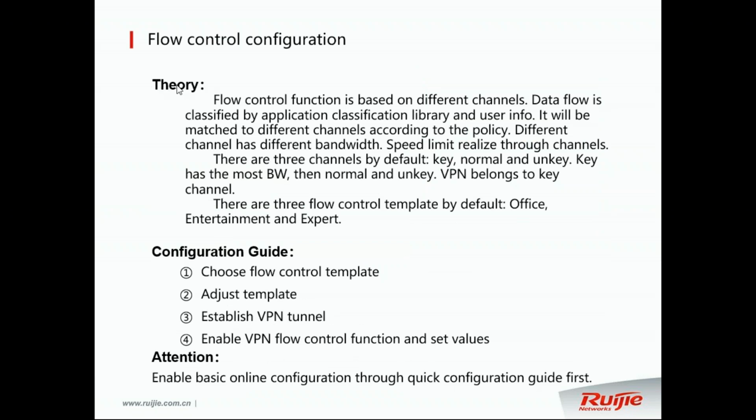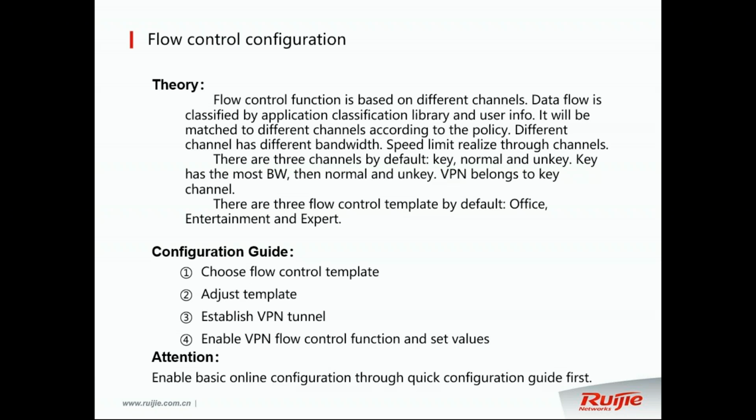Okay, and the theory of the flow control is that, in fact, it's about the channel. This technology is based on the channels. It means all of the data from the users and from the applications, then our EG will identify it and match it to the different channels according to your policy.